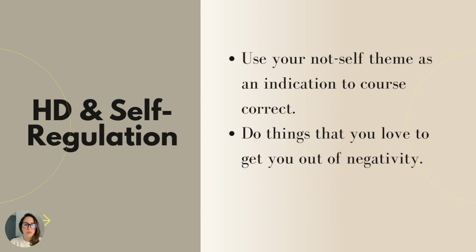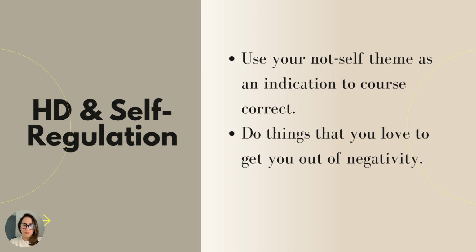Now, self-regulation and human design. So use your not self theme as an indication to course correct and do the things that you love to get you out of the negativity. Your not self theme in human design, you can go back and take a look at that, but it might be frustration for the manifester, for the generator and the manifesting generator, I believe it's frustration as well.